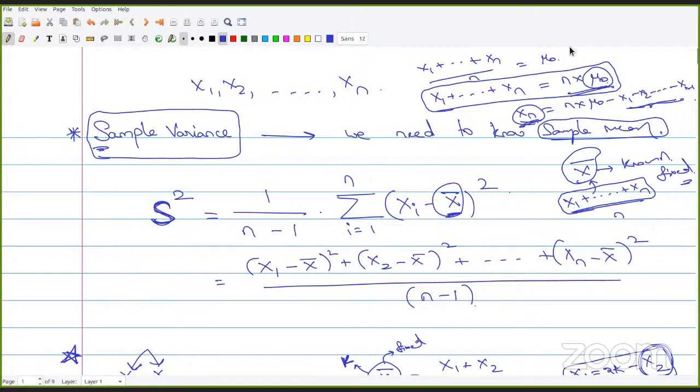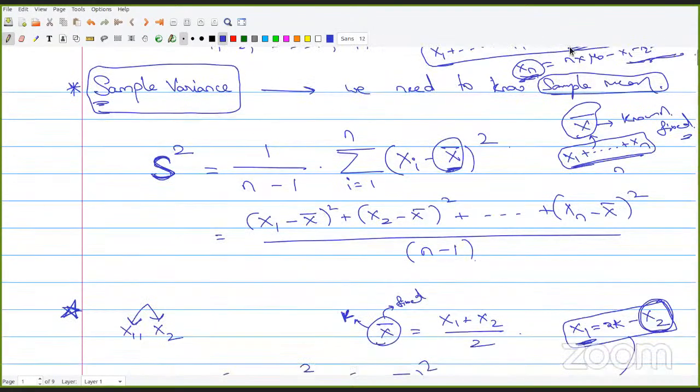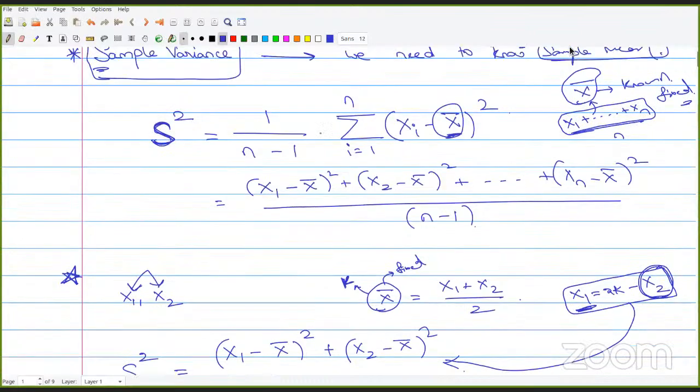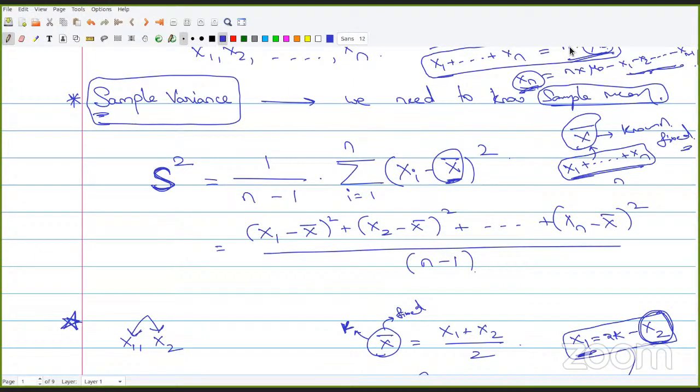I'm starting with knowing x bar and x1 in the computation for standard deviation or variance. We don't know x1. I don't know x1, but I know x bar. We only know the sample mean.